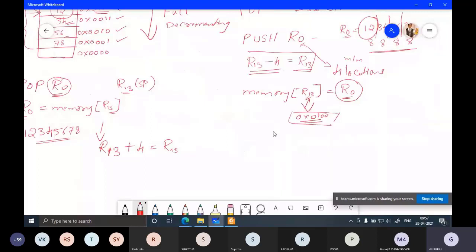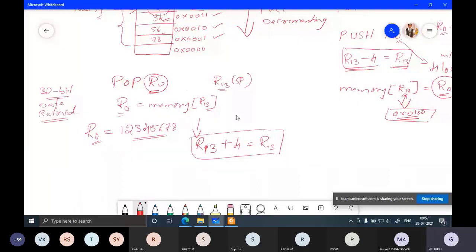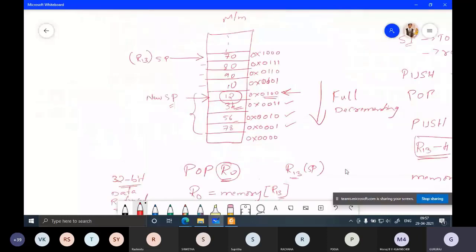So in POP, first the contents of the memory location pointed by SP will be retrieved, and then the stack pointer will be adjusted by 4. That is, it will be incremented by 4. Now SP will point to this location. So this will be the new SP.